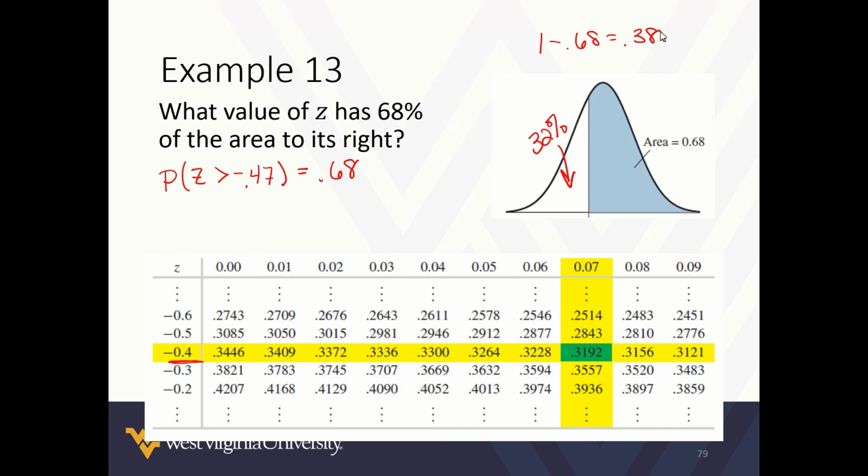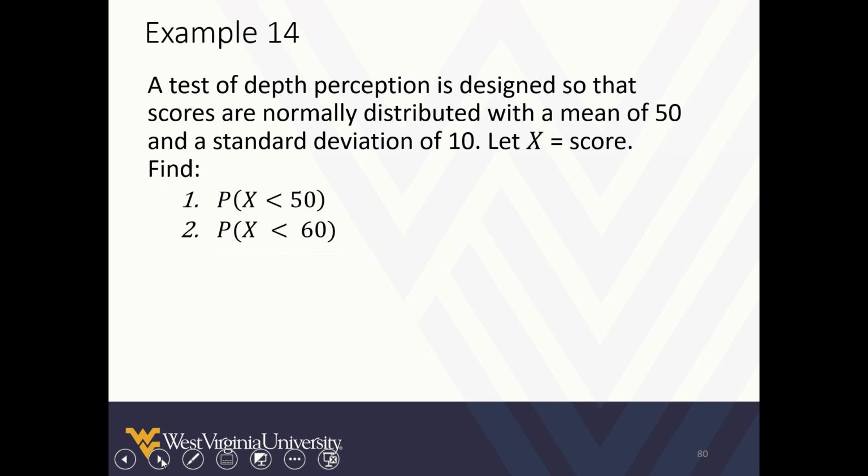That's the value we're going to look at in our table to find our Z value of interest. Much better.